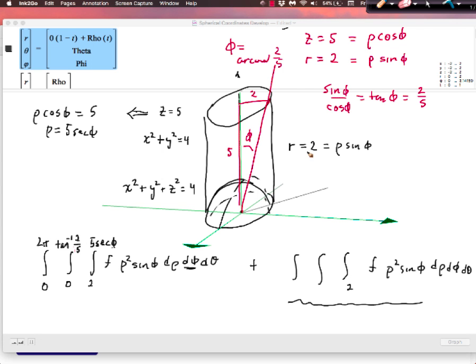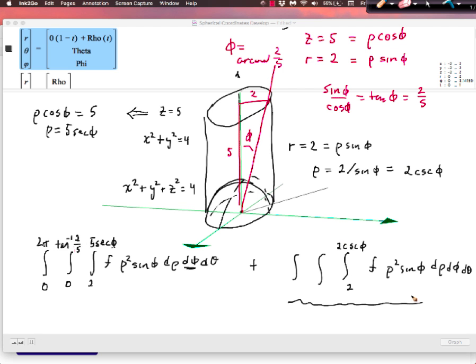Right, so then that cylinder is 2 equals rho sine phi, and so rho has to be 2 over sine of phi, or if you want, 2 times cosecant. Either way. Okay, and then for what values of phi do we exit out the cylinder, right?